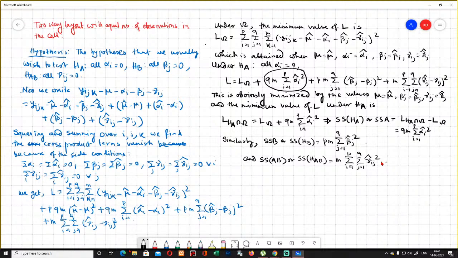Therefore, we note that Yijk minus mu hat is equal to Yijk minus mu hat minus alpha i hat minus beta j hat minus gamma ij hat plus alpha i hat plus beta j hat plus gamma ij hat.